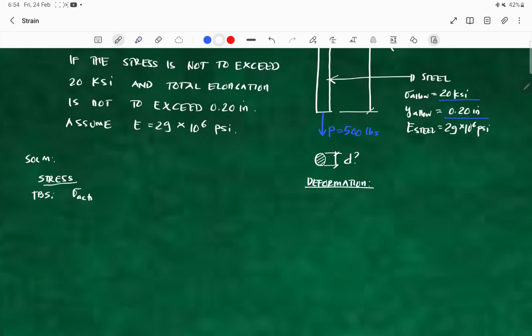In order to be safe, dapat yung actual stress must be less than or equal sa allowable stress. So, yung actual stress is we have this force over area, and this must be less than or equal sa allowable stress natin. Yung actual force na applied natin is 500 pounds, or equivalent to 0.5 kips, no? Kips is kilopounds.